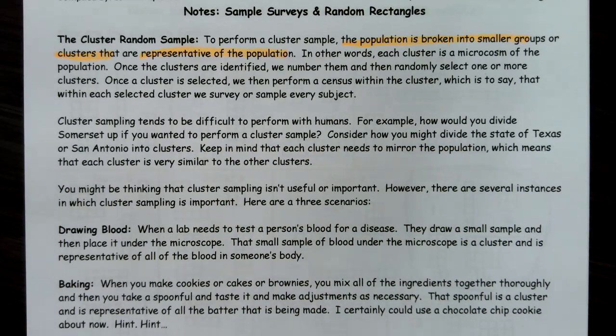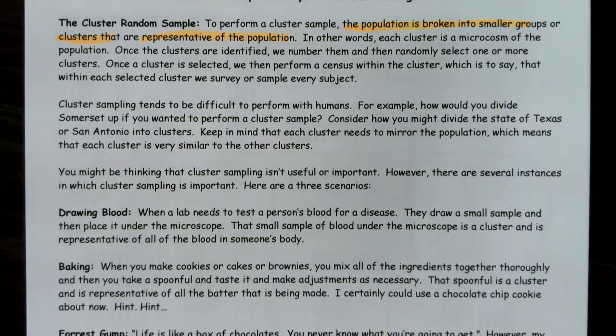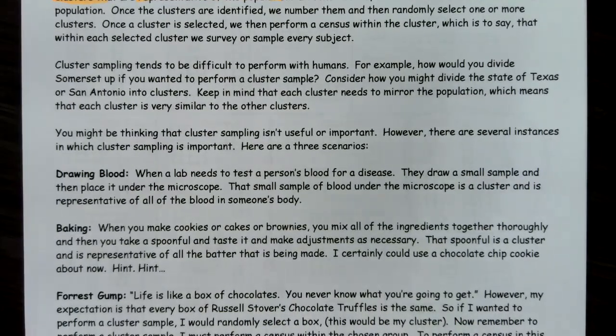So you're going, well, if it's not useful for humans, why are we even talking about it? And the answer is cluster sampling is actually really important. And chances are you've either done it yourself, not knowing it, or it's been done to you. So being done to you, when they draw blood, they only need a small amount of blood drawn from you, and then they put that small sample under the microscope.